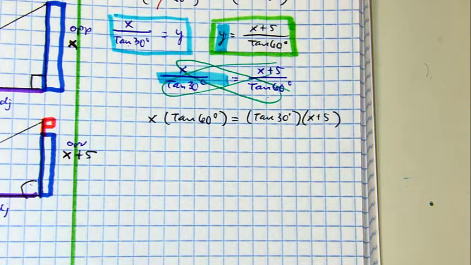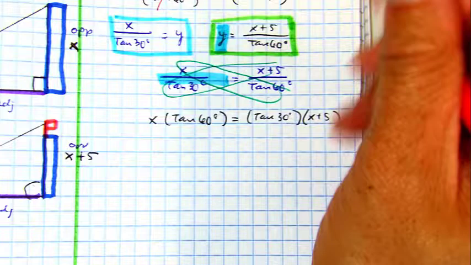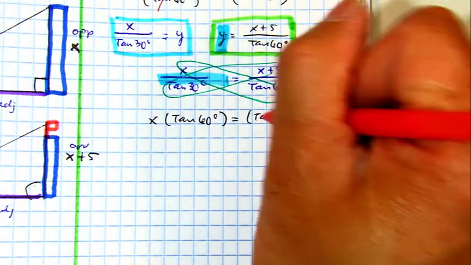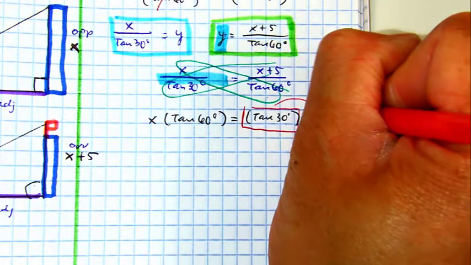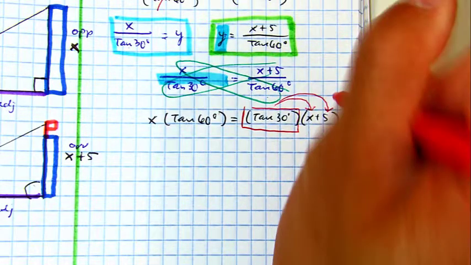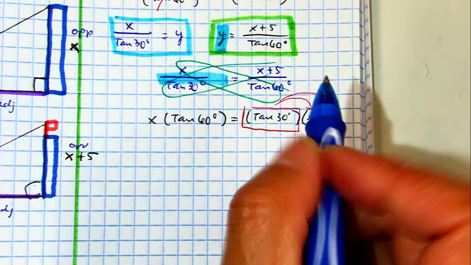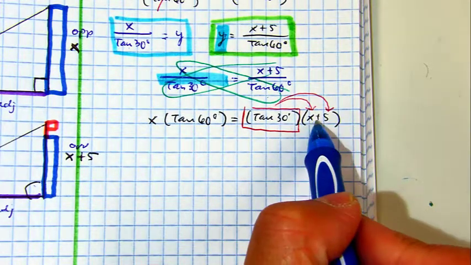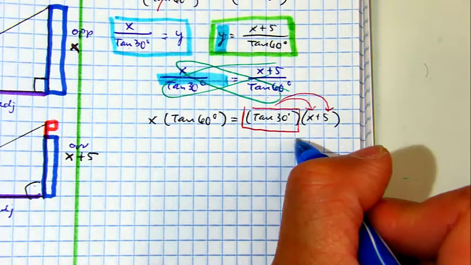Alright, this is what I'm going to do next. I'm going to distribute the tangent of 30 to the x and to the 5. I'm going to go super slow here because this was like the number one common mistake over the past years in doing this problem. If I distribute them, there's still what math operation? Addition. So in the end you will have addition.